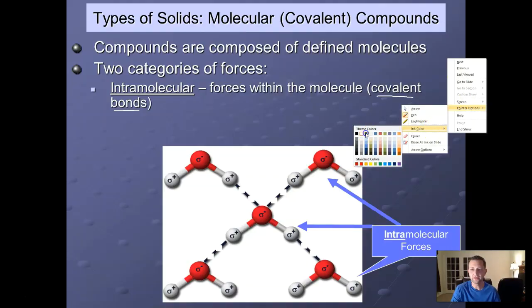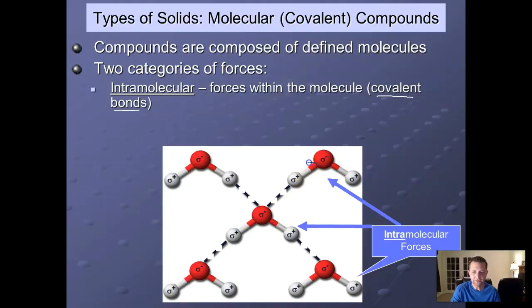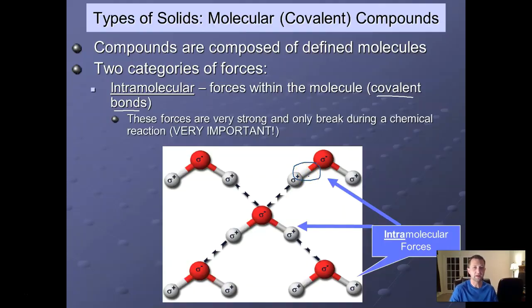Let's change the color here. We're talking about the actual chemical bonds, right? This is water, obviously. So the chemical bond between hydrogen and oxygen. That's a very, very, very strong attraction, okay? Those are very strong, but we're not going to be talking about those for the majority of this lesson.